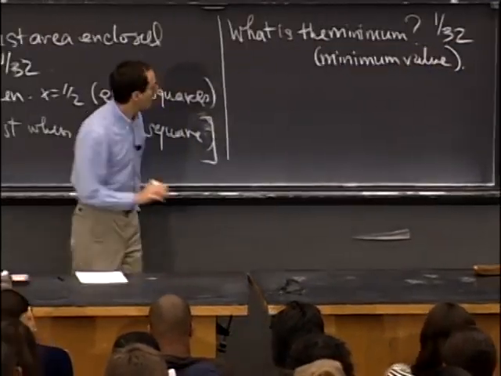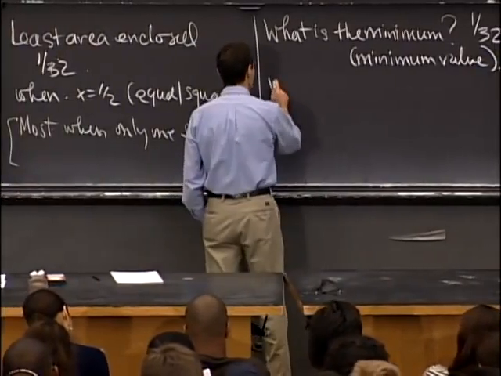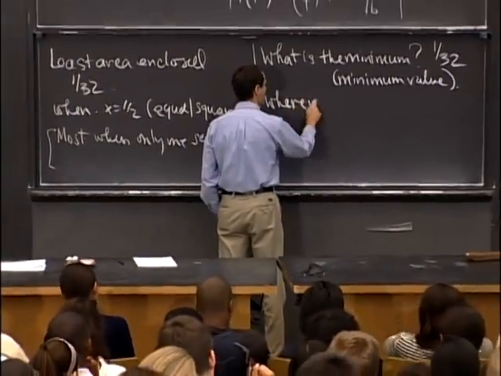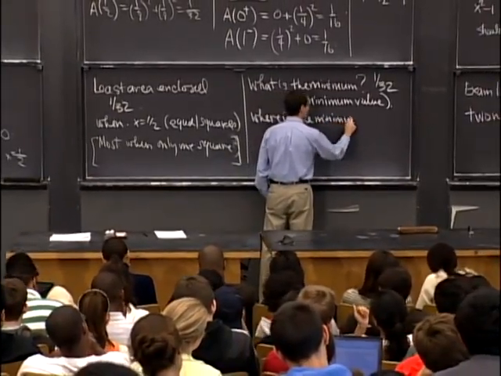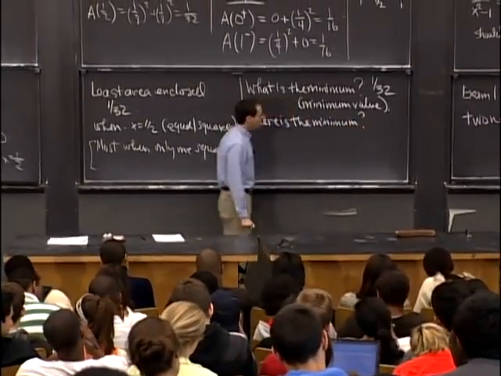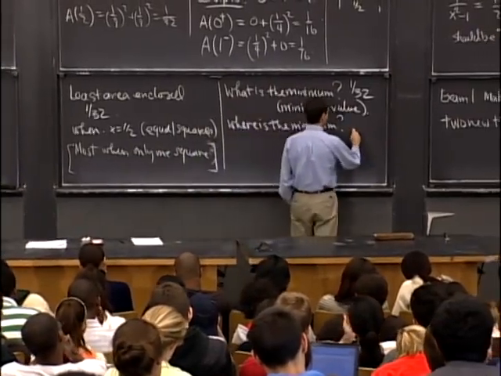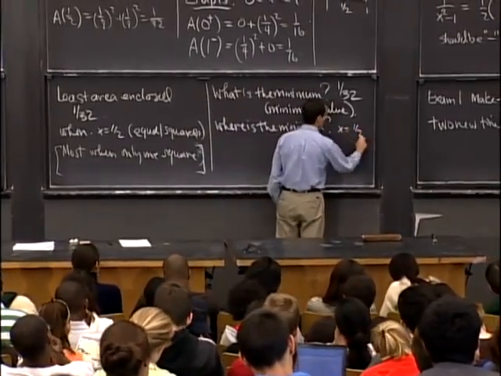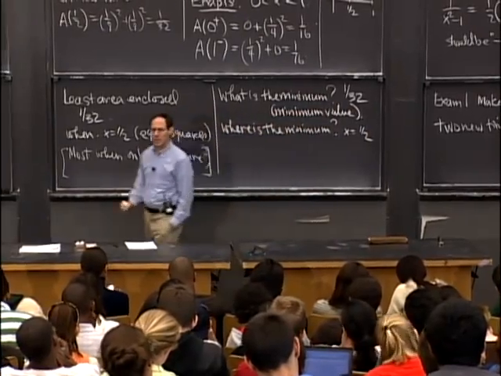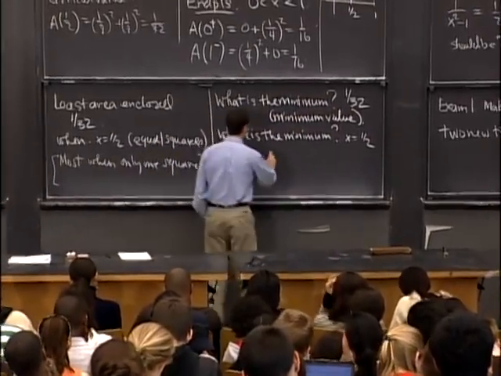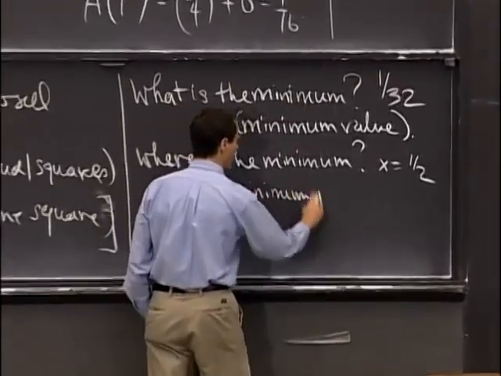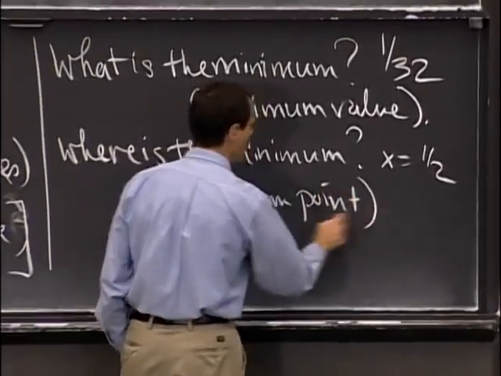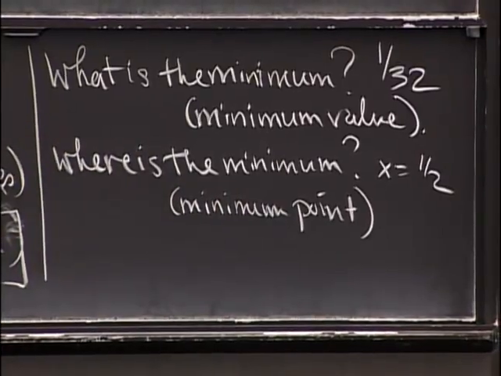Okay? Now, that refers to the minimum value. All right? But then there's this other question, which is where is the minimum? And the answer to that is x equals a half. Okay? So one of them is the minimum point. And the other one is the minimum value.